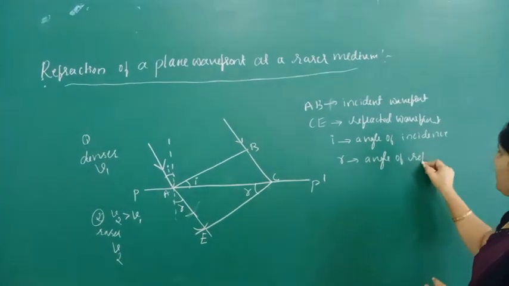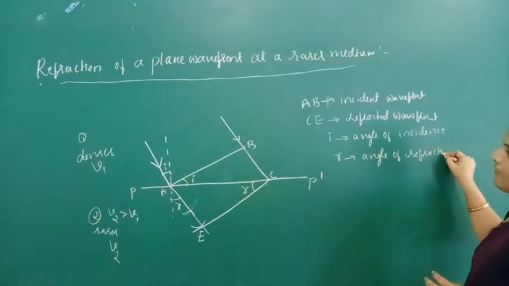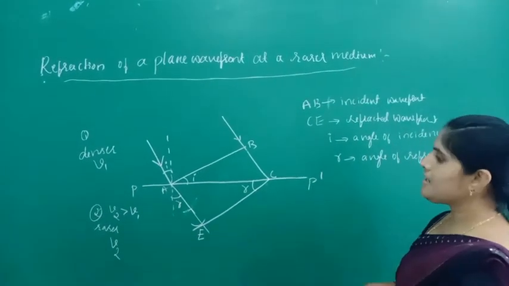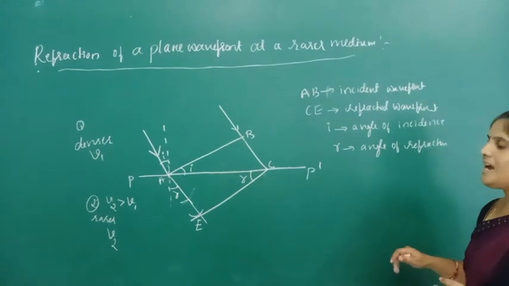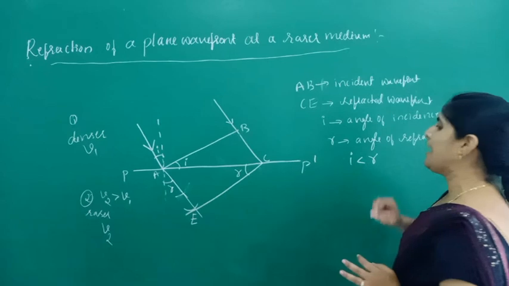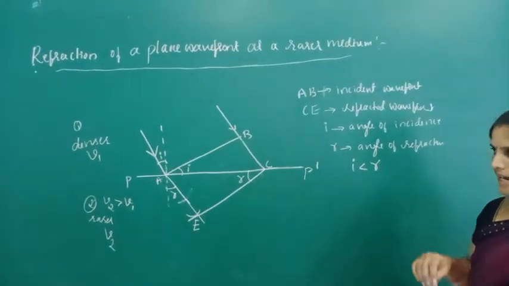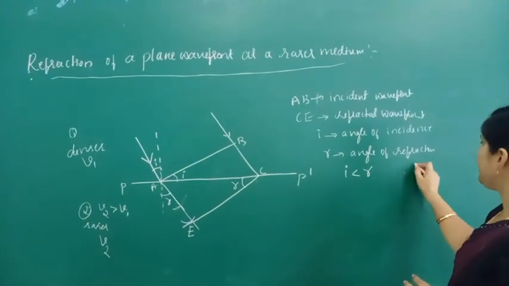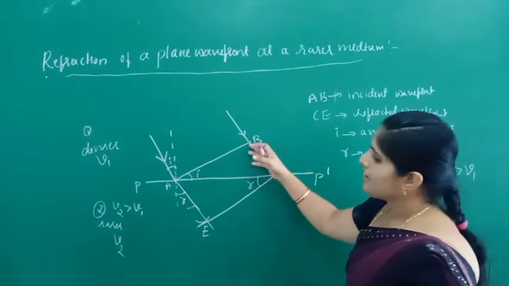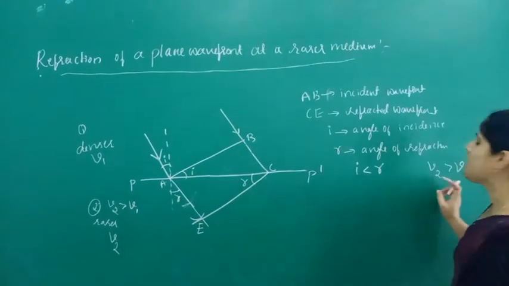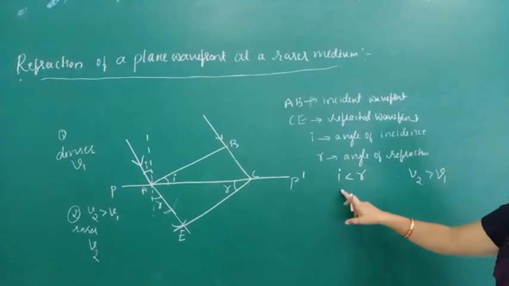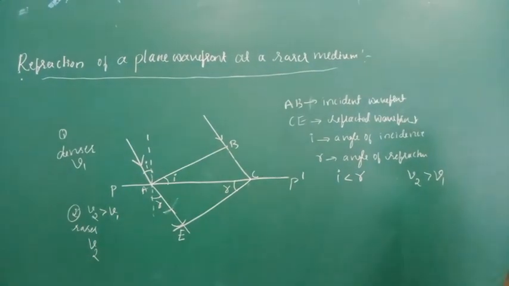Then here, in the previous case i is greater than r, but in this case i is less than r. The angle of incidence is less than the angle of refraction because v2 is greater than v1, that is, the velocity of the first medium is less than the velocity of the second medium. Therefore, the angle of incidence is less than the angle of refraction.